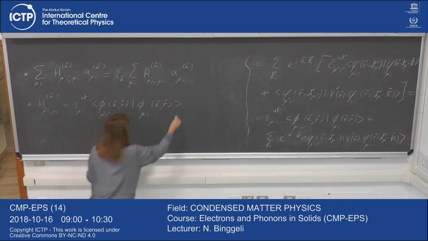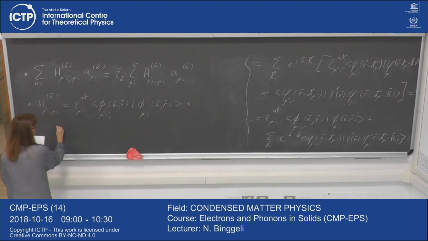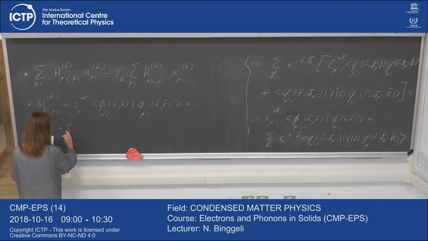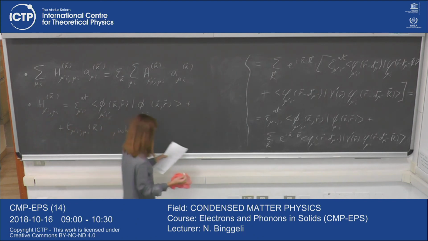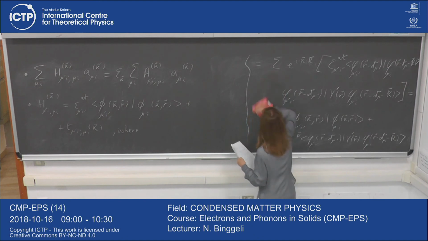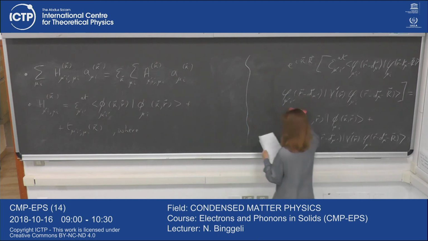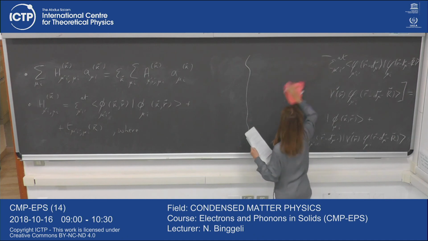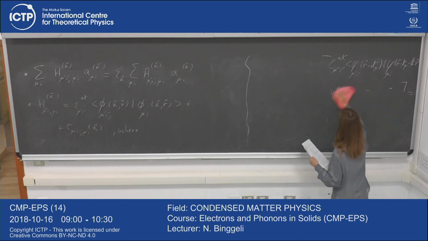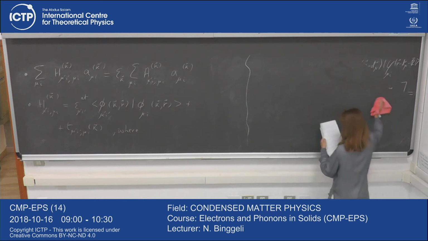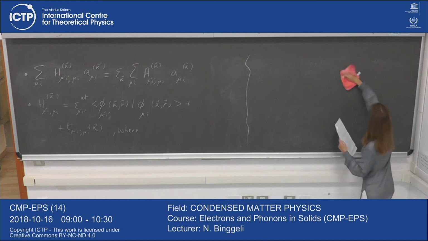So this is the first part, and the second part is something I will call T mu prime I prime, mu I of k. And this T is just the sum over the lattice vectors of matrix elements involving the crystal field.